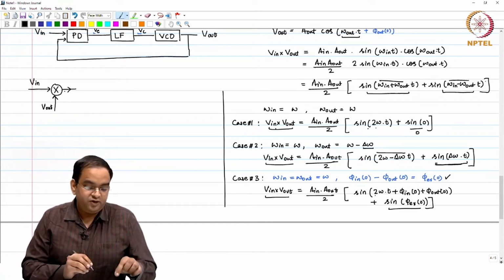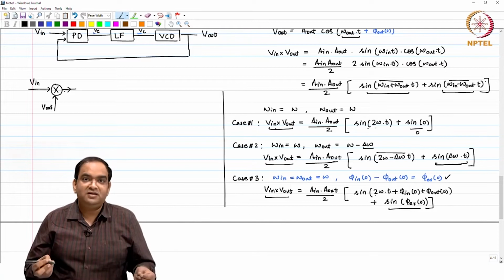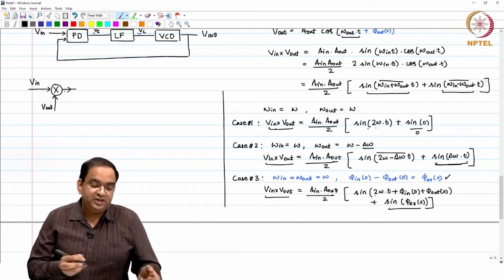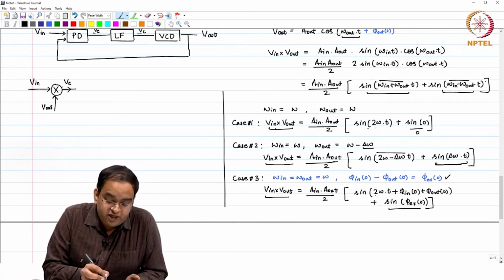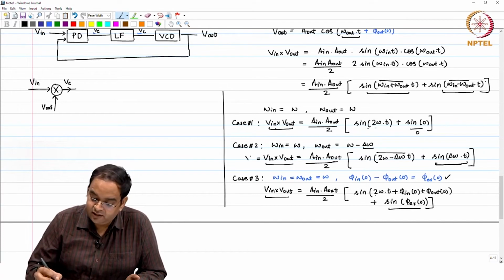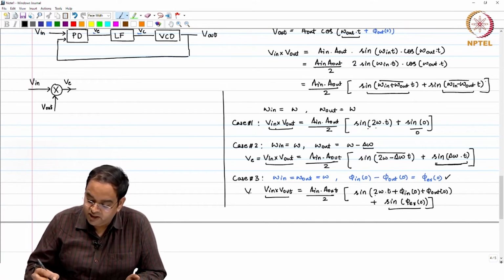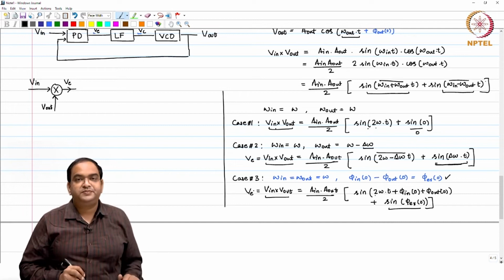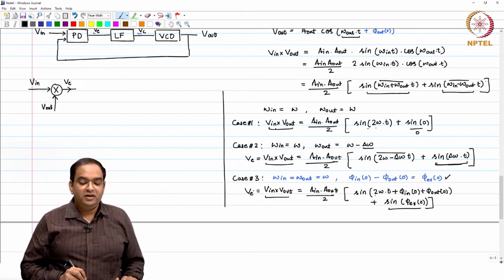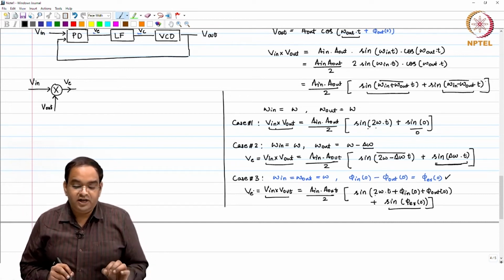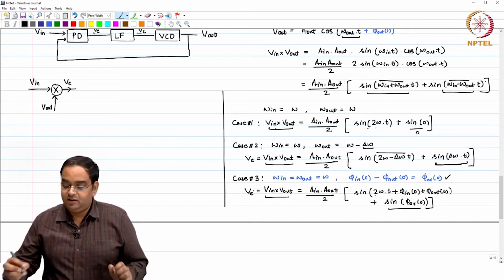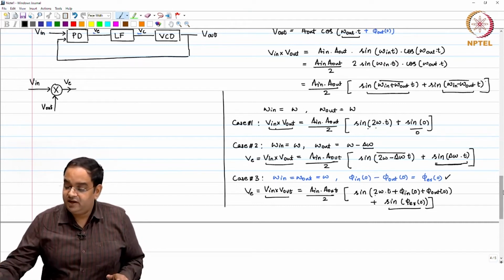If you multiply these two voltages in any circuit, you will see that the output is also voltage. So, I get V error as a voltage, and this V error voltage is proportional to the phase and frequency error.